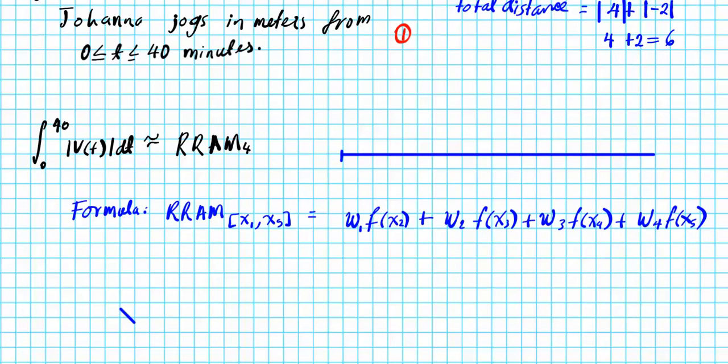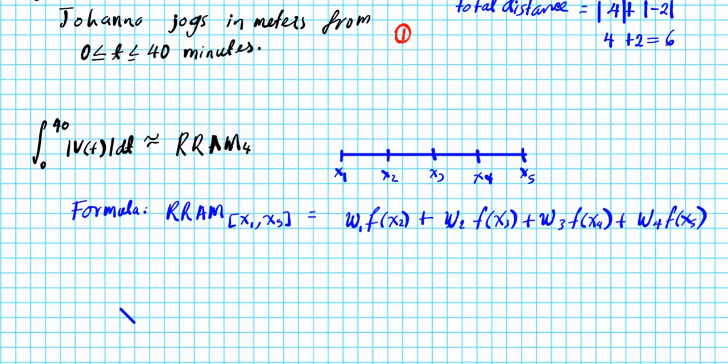So let's say this is x1, x2, x3, x4, and x5. Okay, now what does the right rectangle approximation look like?